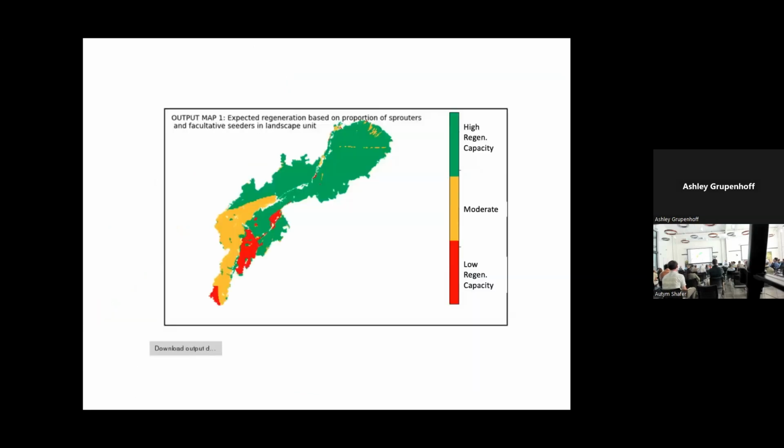And so points are awarded to those landscape units based on those characteristics of whether they're resprouting or seeder-dominated areas. And this is our base map from which we deduct points. So areas in green have high regeneration capacity, and down to the red areas with low regeneration capacity starting out, just based on the proportion of resprouting and seeding species.